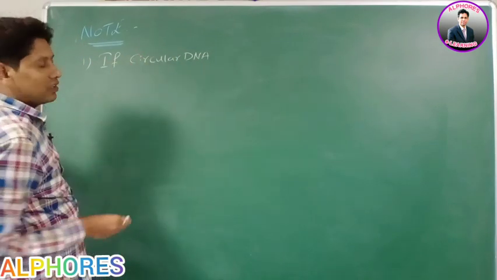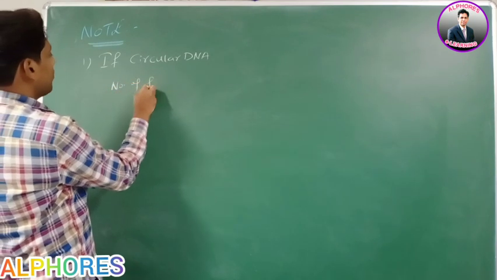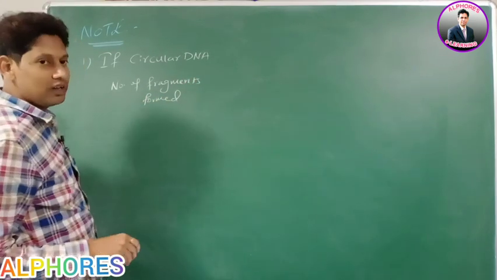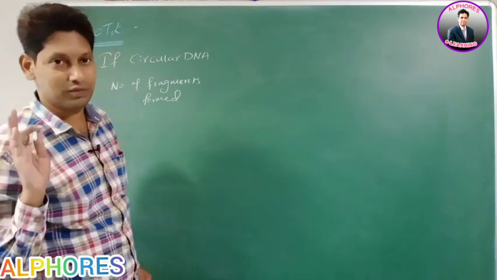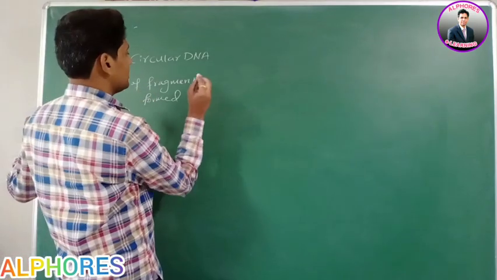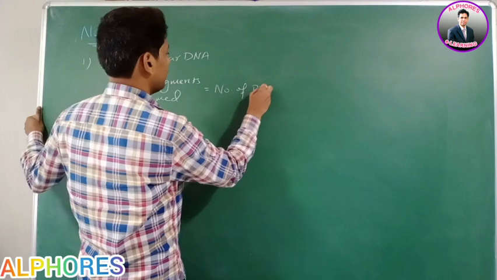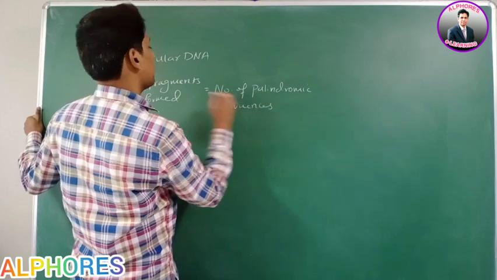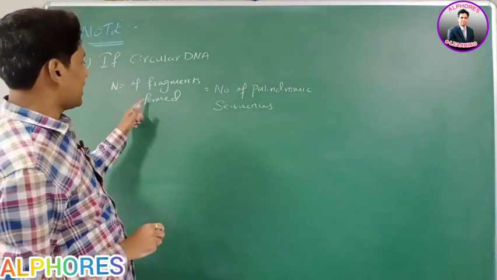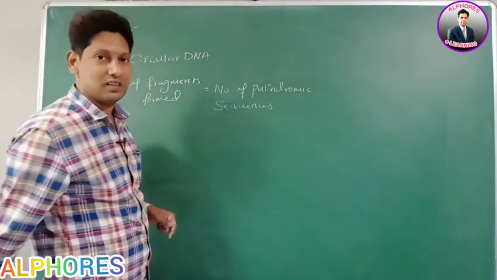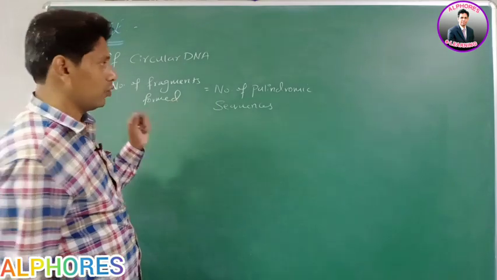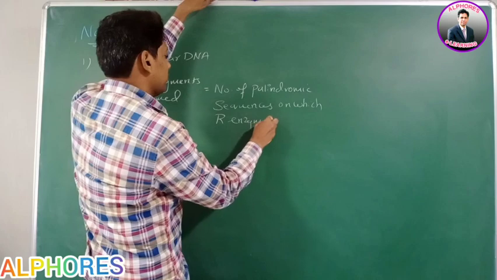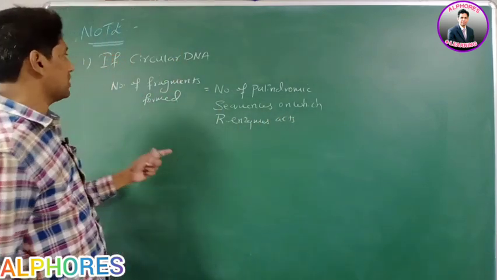Then the number of fragments formed, when we cut it by restriction endonuclease enzyme, is equal to the number of palindromic sequences on which the restriction enzyme acts. Is it okay?